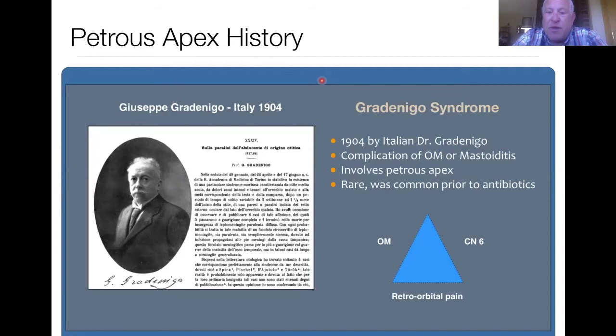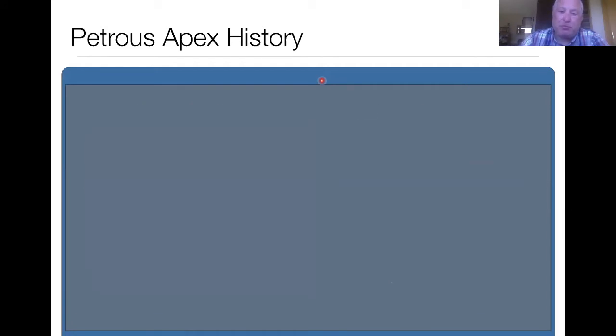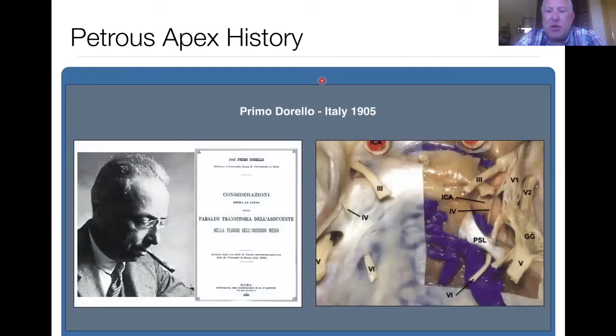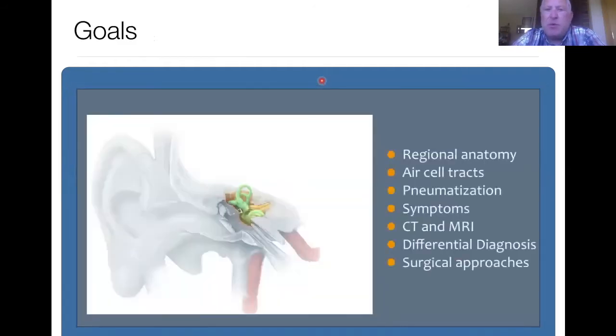He's known for the triad of otitis media, abducens nerve palsy, and retroorbital pain. And last of all is Dorello, whose name is given to Dorello's canal, the abducens canal. He wrote a paper in 1905 describing this. So that's a little of the history behind the Petrous Apex.